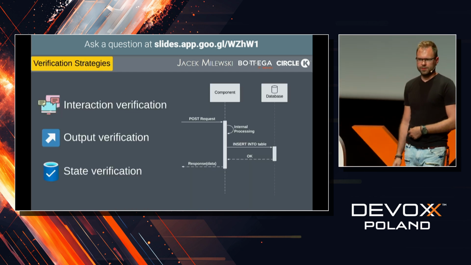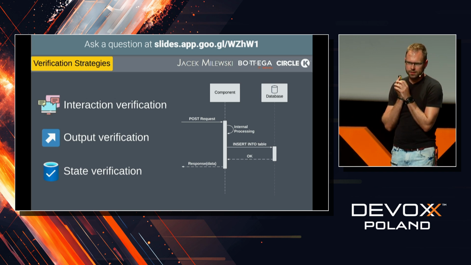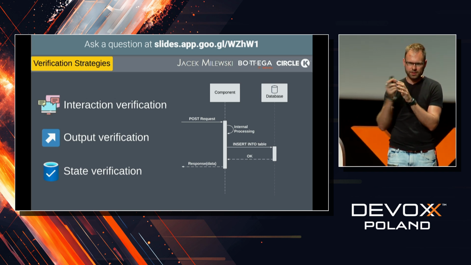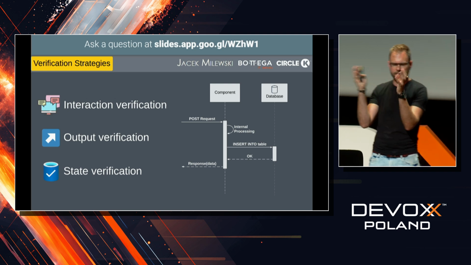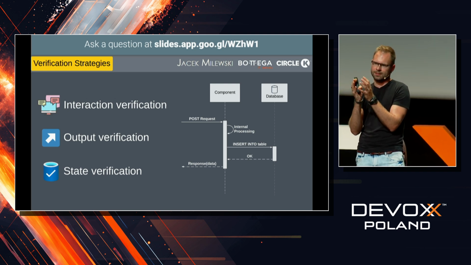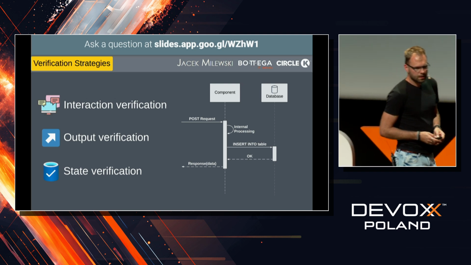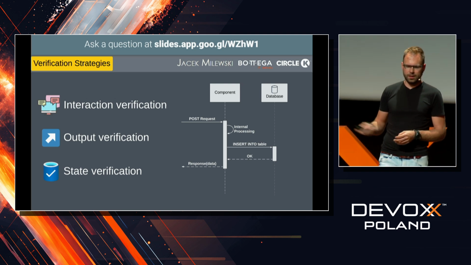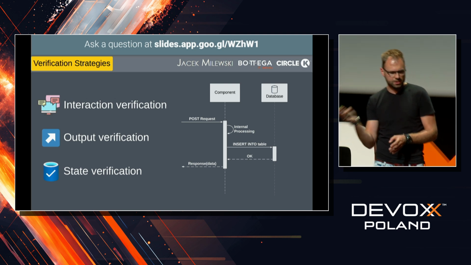Okay, and to add a bit more to this picture, we have different verification strategies. Because the first is the scope of the test: how big a part of my application I will isolate for this given test that I'm writing, but also what I'm going to verify. I can verify the interaction. I drew here a component and a database. Database is a dependency.